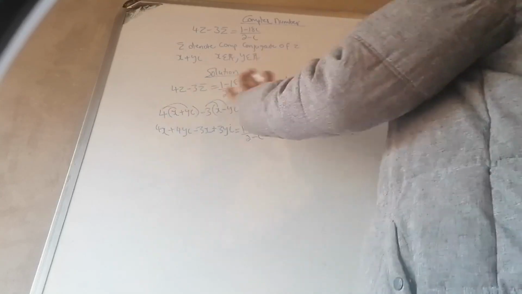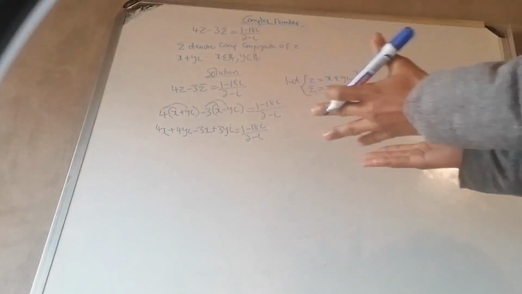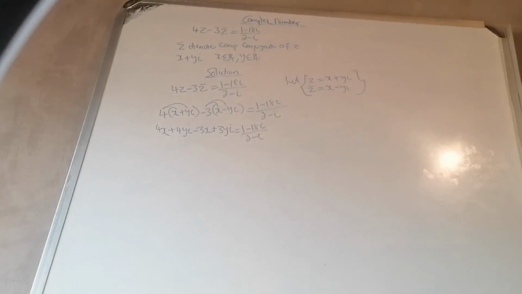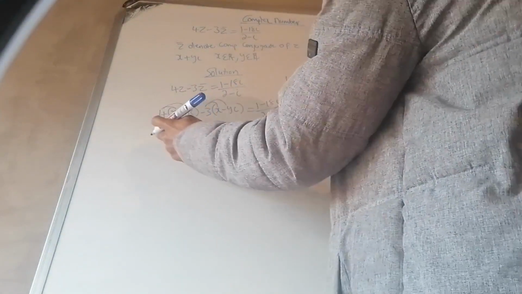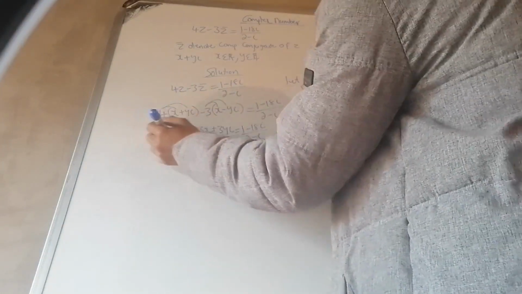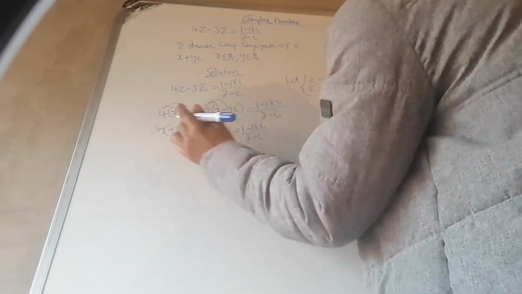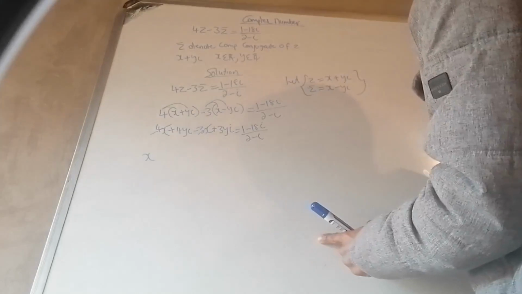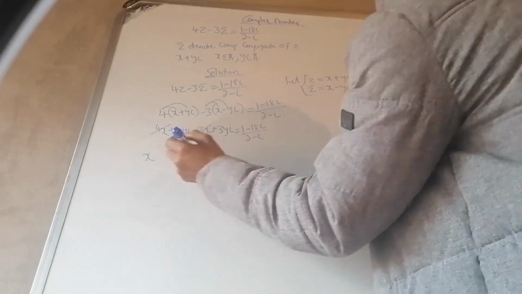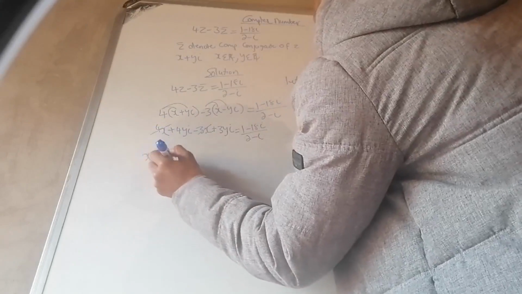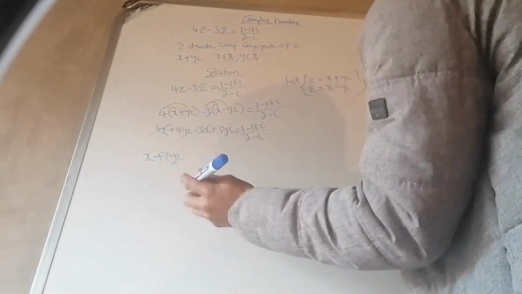Now let's simplify this and group the like terms. 4x minus 3x gives me x, very important. 4yi plus 3yi gives me 7yi, because they are like terms.